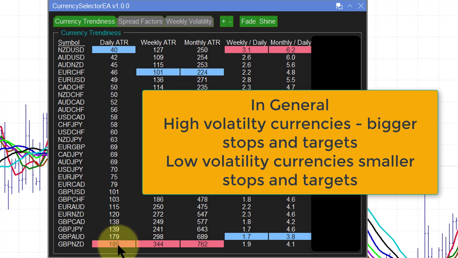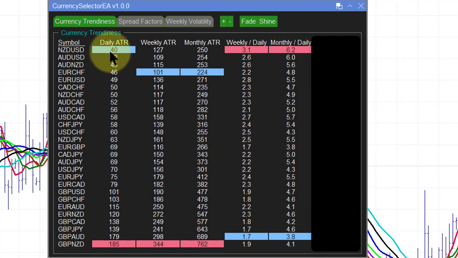So it also gives us an idea of the size stops and targets we need to use when trading with these currencies. So with the pound New Zealand, you can have really big stops and big targets. With a New Zealand USD, for instance, you need smaller stops and smaller targets. So the volatility does give you that kind of guidance too.